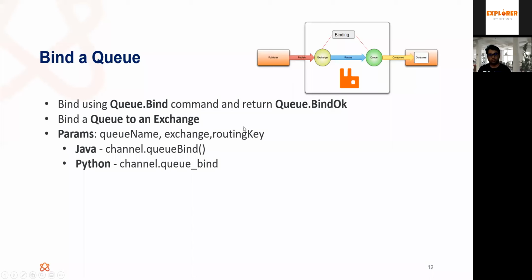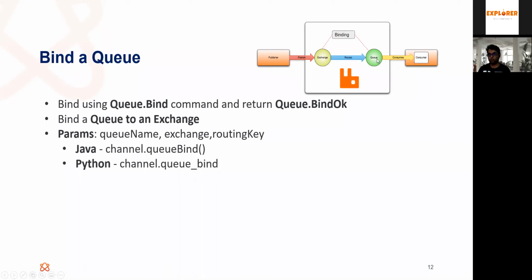We will look at the routing key later on when we are doing the coding, but this is the key that is actually going to be matched. Let's say we have an exchange and we have a queue, and we bind those two with, let's say, key X. Then when someone sends a message to the exchange with key X, the exchange knows that it needs to go to this queue.